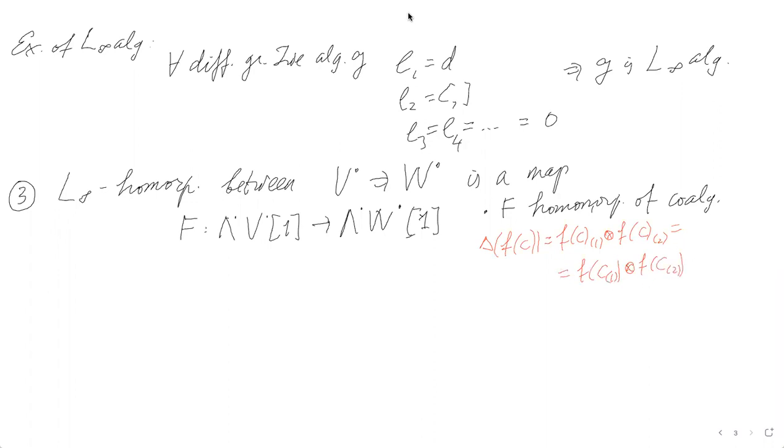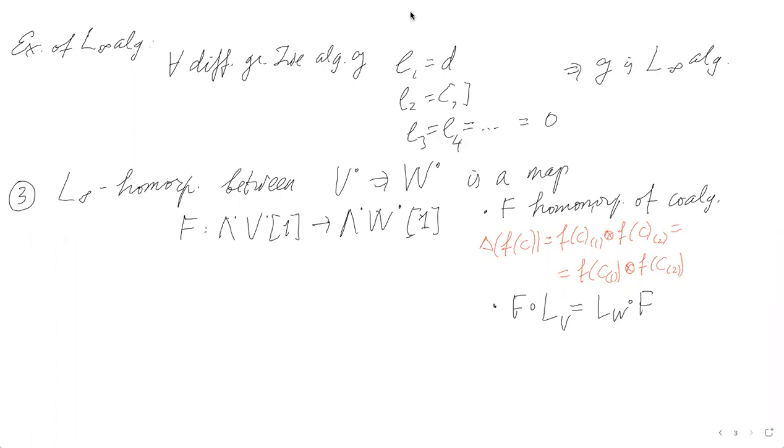So F should be a homomorphism of coalgebras, and also F should commute with the structure maps. So if LV and LW are the structure maps of the corresponding L infinity algebras, we should have this identity.